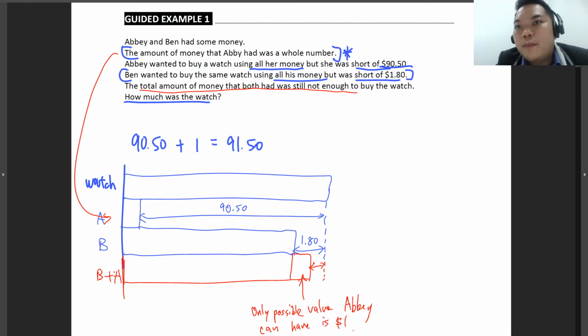Alright? You think about it first. Because over here, if this portion has to be a whole number, and there's still a decimal point remaining here, what is the only possible amount of money this Abby can have?